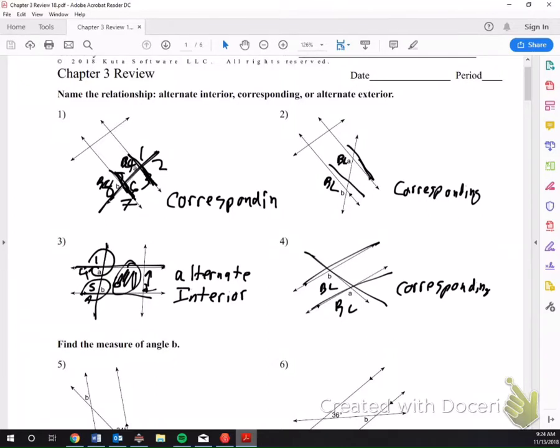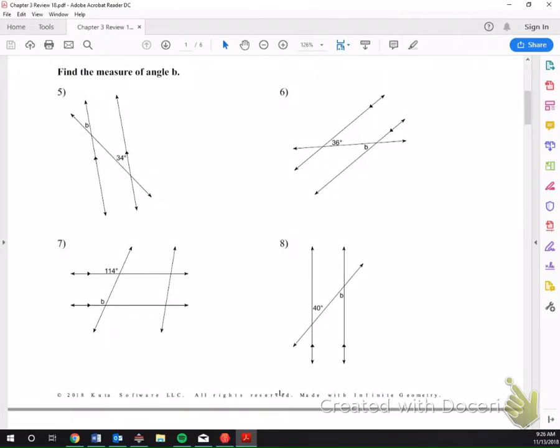Now, moving on. We have to go an extra step. We have to identify them and then realize what the relationship is. Here we're looking at B and 34. What I would do is rotate the paper until it matched up with my diagram, and go 1, 2, 3, 4, 5, 6, 7, 8.